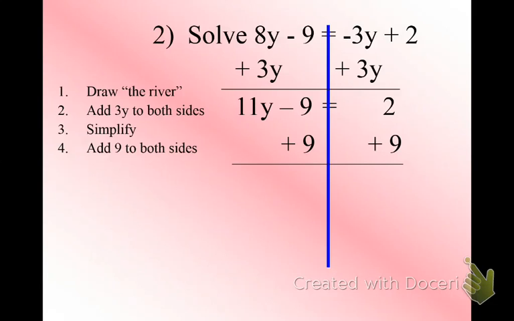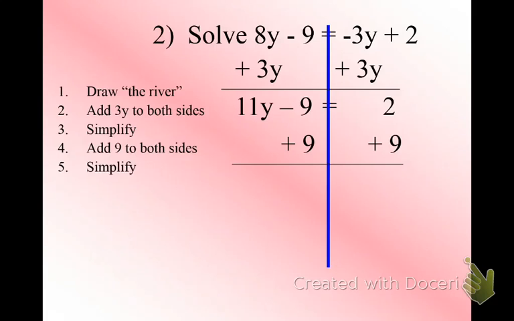Here again we have additive inverses, negative 9 and positive 9, those are going to add to 0. So always go back and check to make sure that you did those additive inverses correctly, because some students will forget to do the opposite sign, and then if I did subtracting 9 here I'd get negative 18, and I don't want that. I want to make sure I have 0 on the left-hand side.